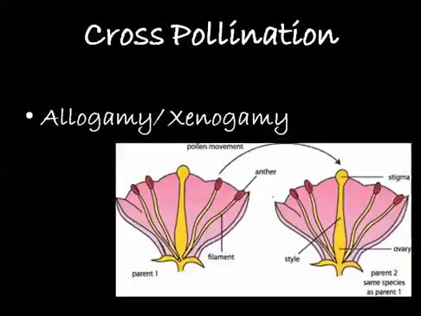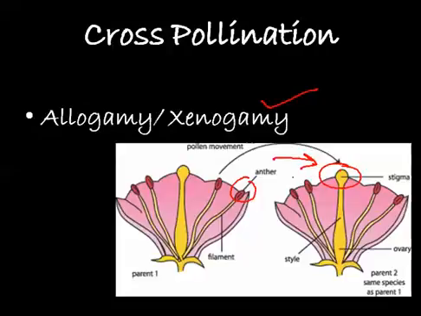Now the second is cross-pollination, which we also call allogamy or xenogamy, where the pollen from one flower falls on the stigma of another flower of another plant. So a cross movement is taking place. The pollen from this anther is falling on the stigma of this second parent. A typical example is the date palm.